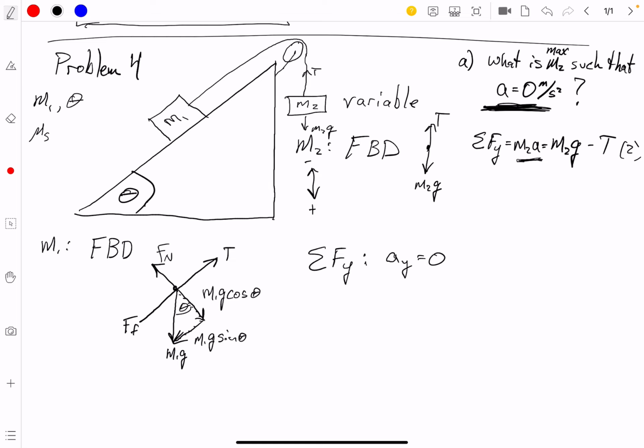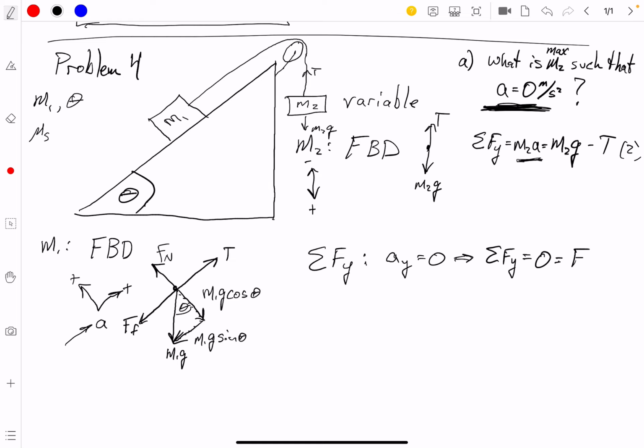So this gives our sum of the forces in the y direction equals 0, and then we're going to say Fn is positive. In fact, let me do my coordinates. I'm going to say this is positive and this is positive, because we know that our acceleration, if we had any, was going to go this direction. That's why my force of friction is pointing down.